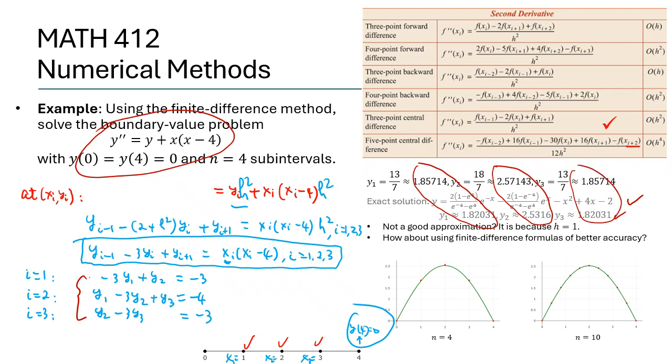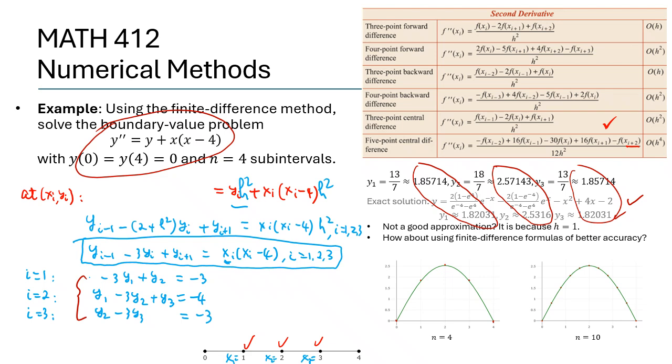Here is the graph. The green curve is for the exact solution. The boundary conditions are exactly on the curve, and y1, y2, y3 are close to the curve, but not exactly on it.